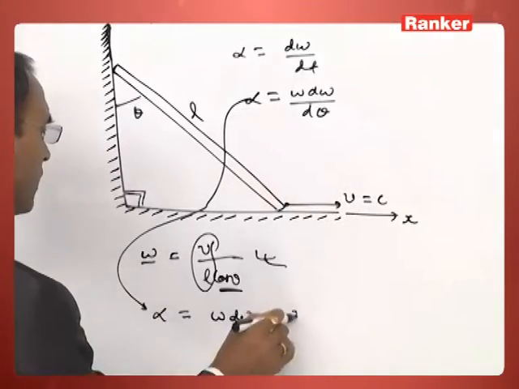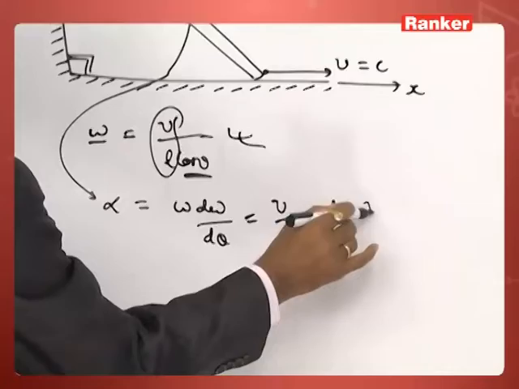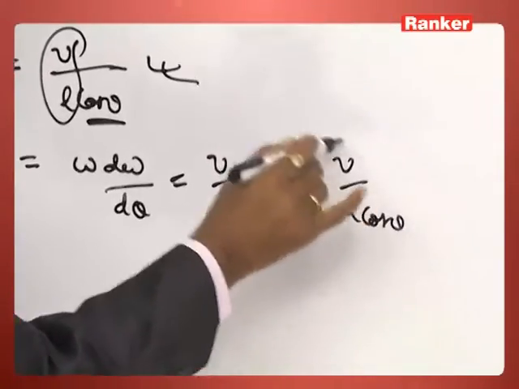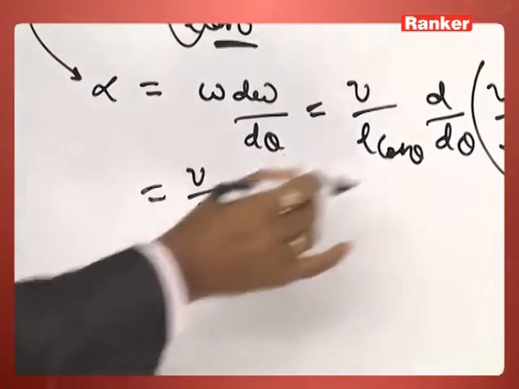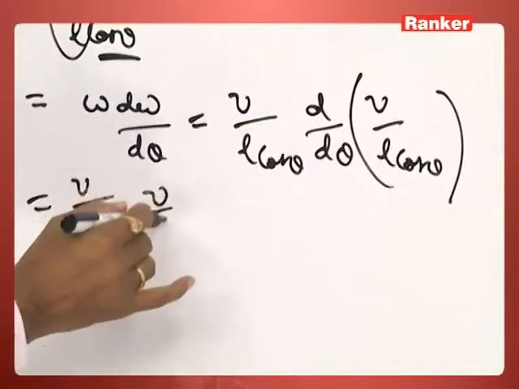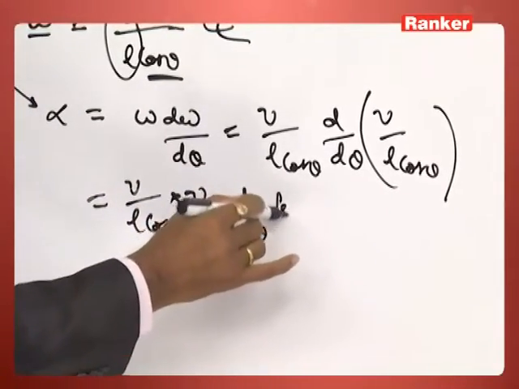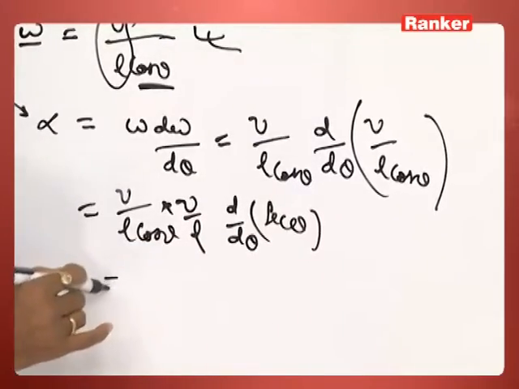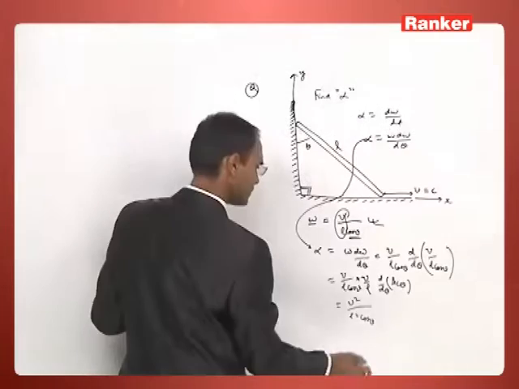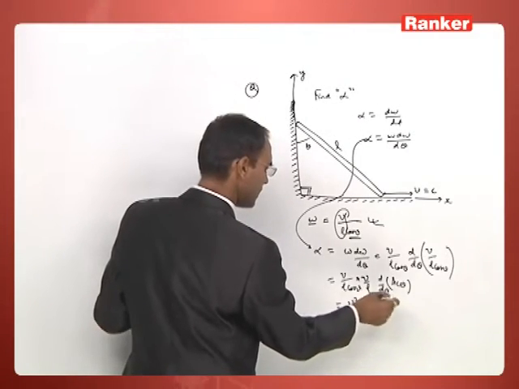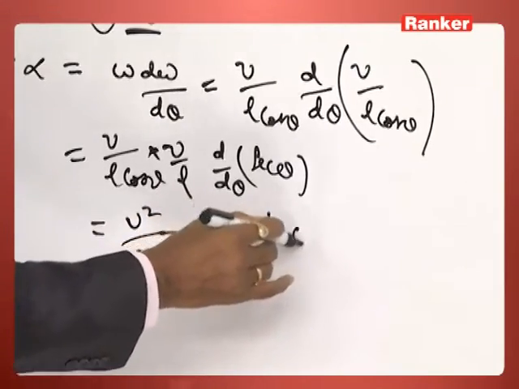What is omega? V by L cos theta. Then d by d theta of V by L cos theta. Take V by L out of the derivative, d by d theta of secant theta. We are getting V square by L square by cos theta, and the derivative of secant theta is secant theta into tan theta.